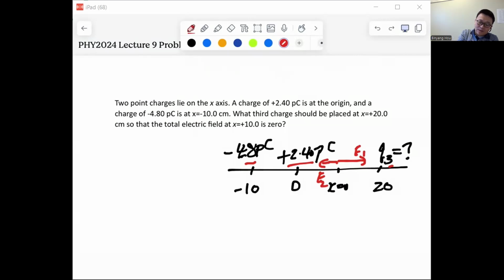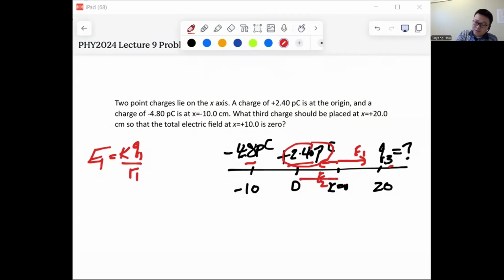E1's magnitude should be K times the absolute value of Q1, because Q1 is positive, so it will be just KQ1 over R1. K is a constant, Q1 is 2.4 picocoulomb, and R1 will be from here to here.